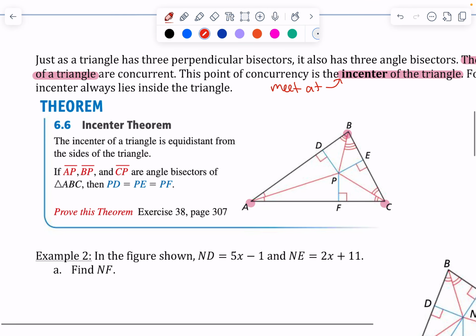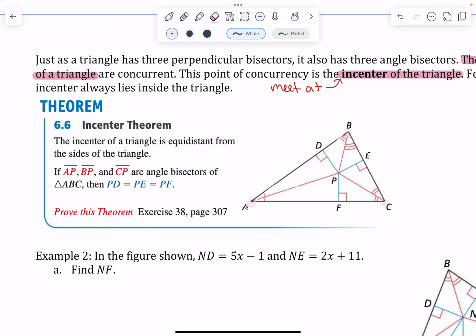So if you look at this diagram here, if I draw the angle bisector of angle A, the angle bisector of angle B, the angle bisector of angle C, they meet at this point P, which is what we call the incenter, okay? And as a consequence of that, there's a special relationship, which is that the incenter of a triangle is equidistant from the sides of the triangle, okay?